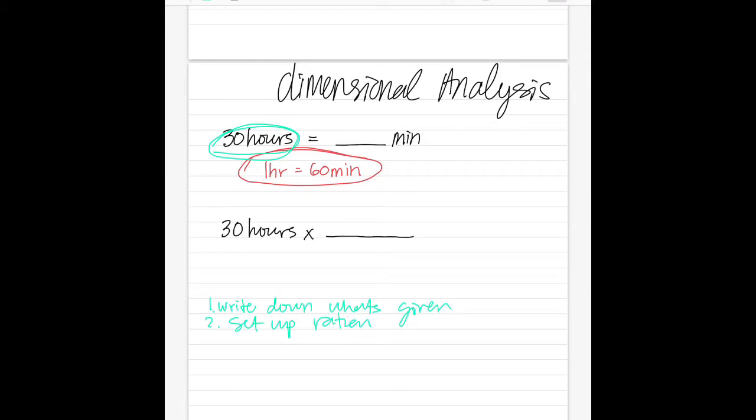Okay, so let's set up our ratio. I know that the units that are given go on the bottom, so I'm going to put hours on the bottom. And the unit that I want is minutes, so I know that goes on the top. Now, I need numbers to go here. The question is, where did these numbers come from? They come from your conversion factor. Don't make these up. Don't just plug random numbers in there.